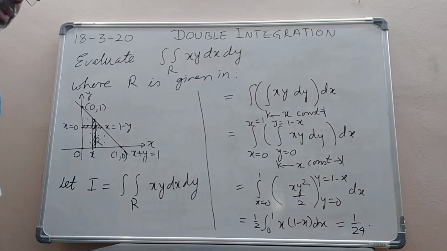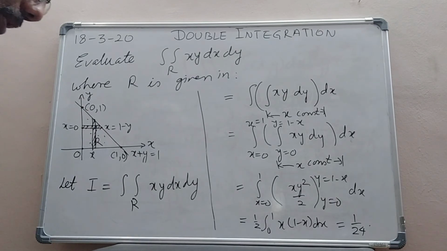In engineering applications, we'll always come across nicer functions where we really don't have to worry much about the order of integration, especially at the first year level, even in the second year level. So we are not going to come across complicated situations where the order of integration gives you different values.